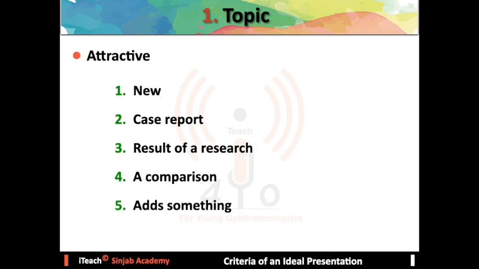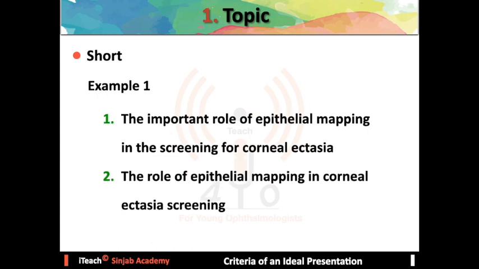Attractive, it should be a new one, like a case report, a result of a research, a comparison, and it adds something to the literature. To be short, look at these examples. Example number 1. The important role of epithelial mapping in the screening for corneal ectasia.